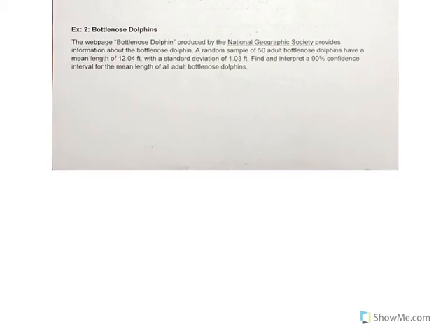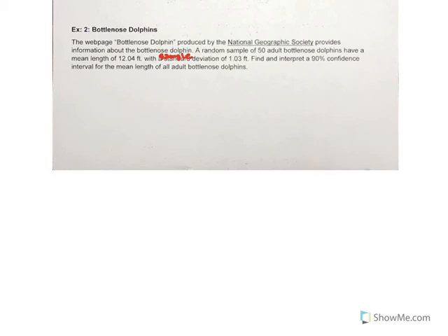A random sample of 50 adult bottlenose dolphins have a mean length of 12.04 feet with, and I left off the word sample, so put sample there. That should be sample standard deviation of 1.03 feet. Find and interpret a 90% confidence interval for the mean length of all adult bottlenose dolphins.